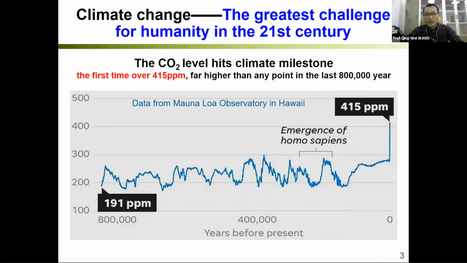One important reason is the increasing CO2 level, which hit a climate milestone last year, the first time over 415 ppm. So it pushed us to understand well the global carbon cycle and the mechanism of the key processes.